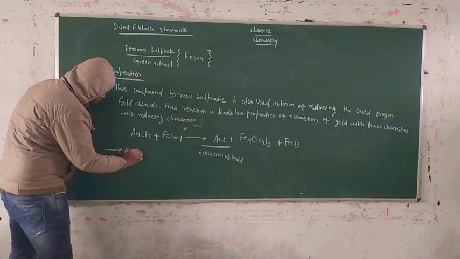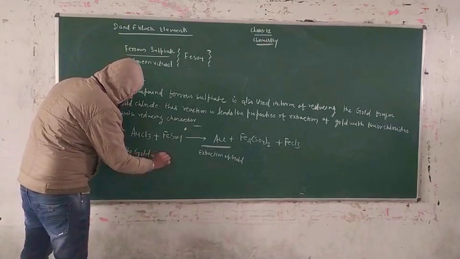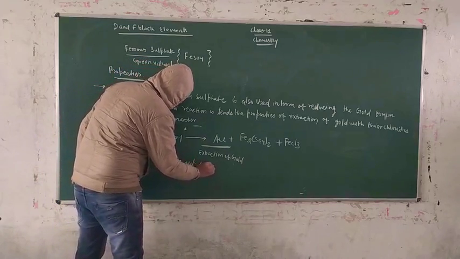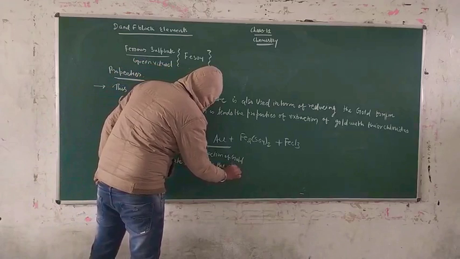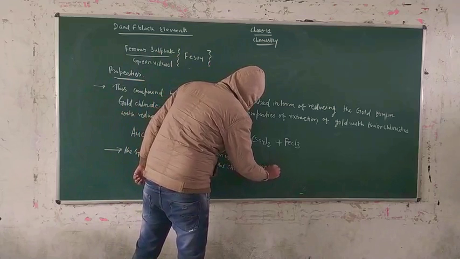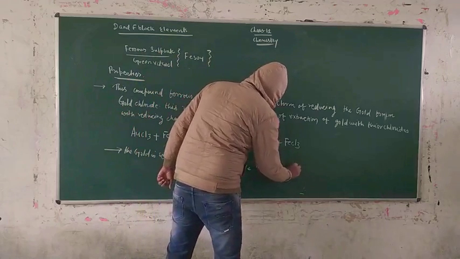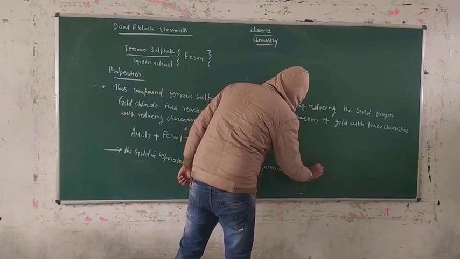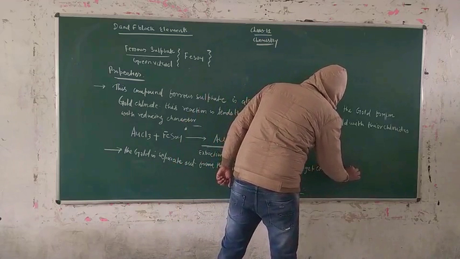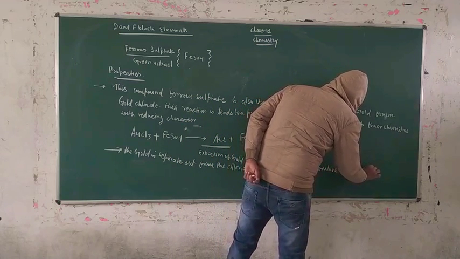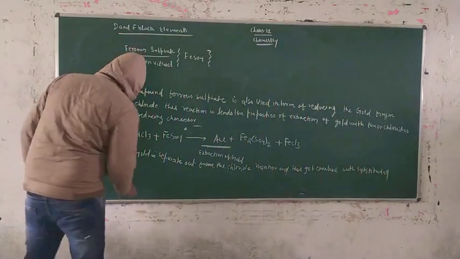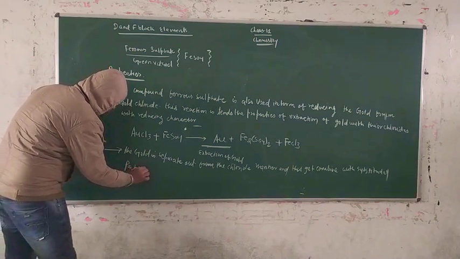The gold is separated out from the chloride, and this gets combined with the substituted part of iron.